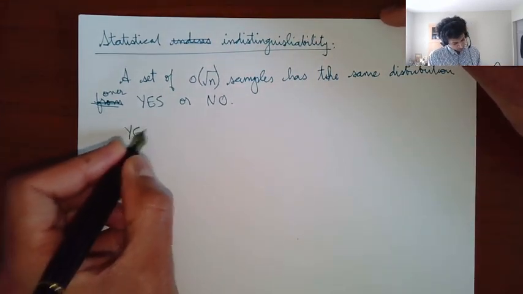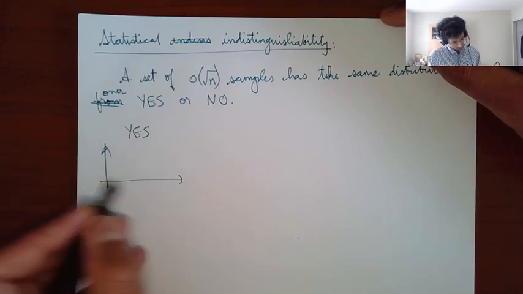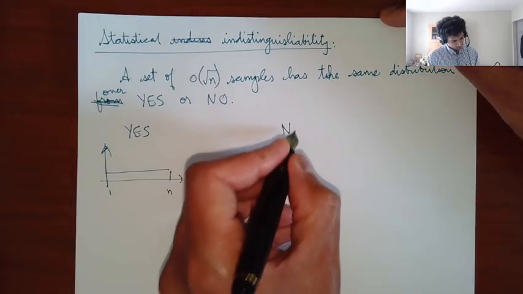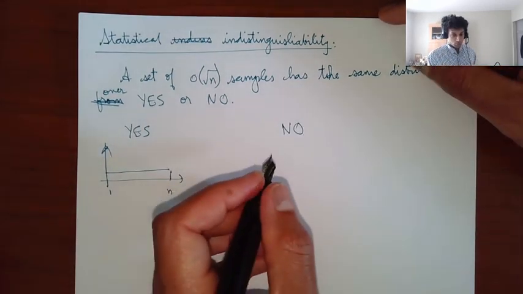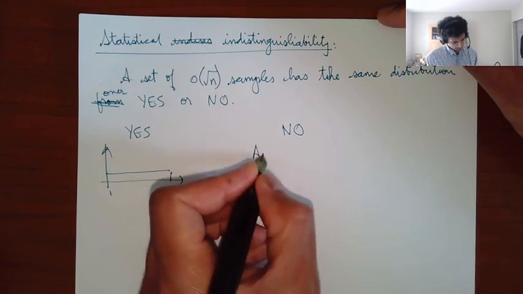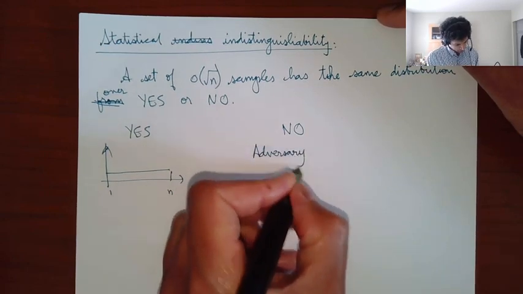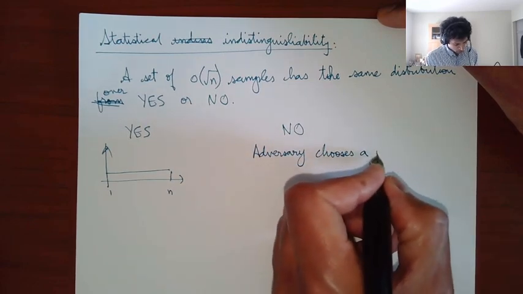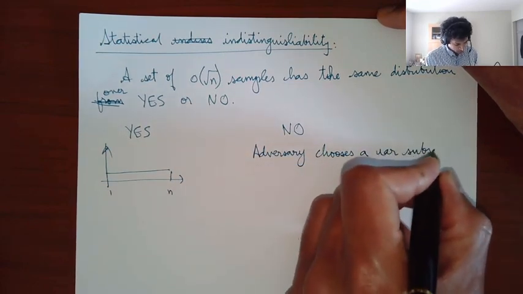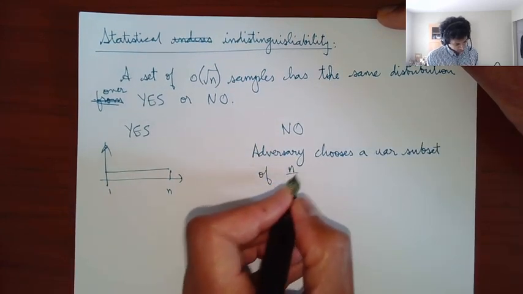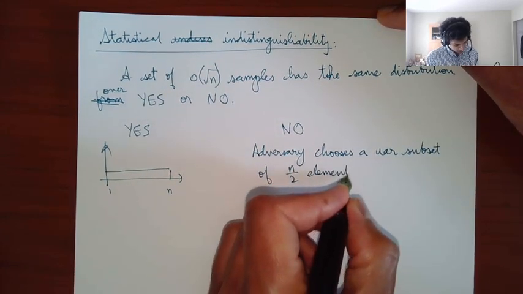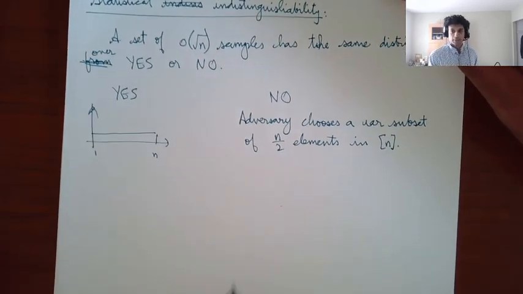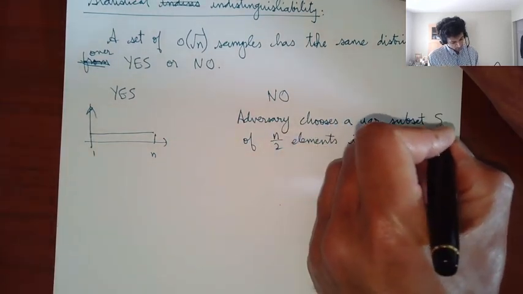Remember, the yes distribution was simply uniform. The no is going to work somewhat more carefully. The adversary chooses a uniform at random subset of n over 2 elements in n.